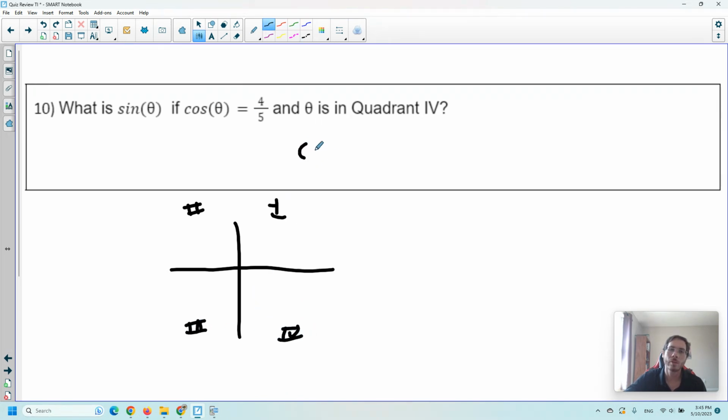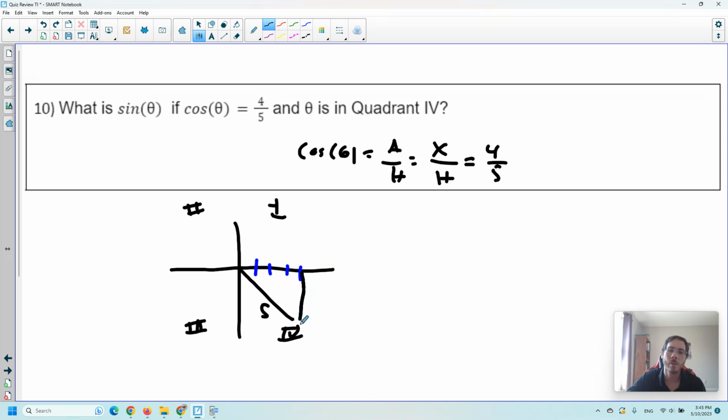So for cosine, we know cosine of theta is going to be adjacent over hypotenuse, which is the same as x over the hypotenuse. And this is 4 over 5. So in the x, I need to go 4. 1, 2, 3, 4. I can just draw in this and claim that my hypotenuse is 5.